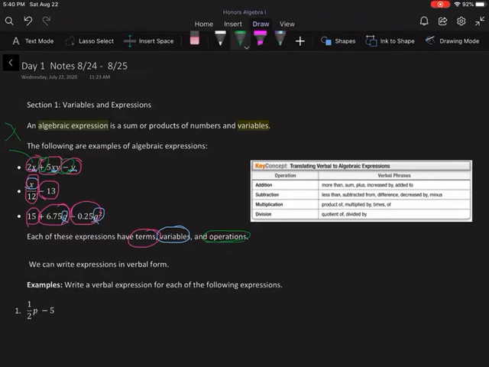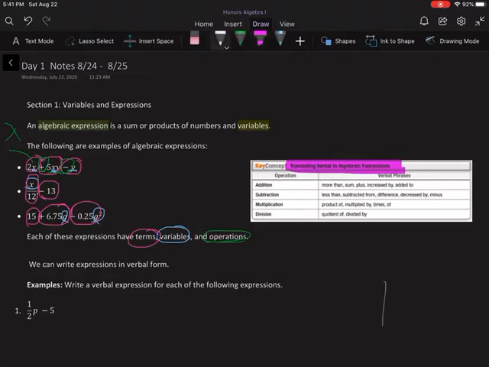So when we're going to translate these verbal expressions into algebraic expressions, right, we have to use some of these words. Addition uses these words next to it, subtraction, multiplication, division. So you can use that table to help you translate the expressions into verbal form.